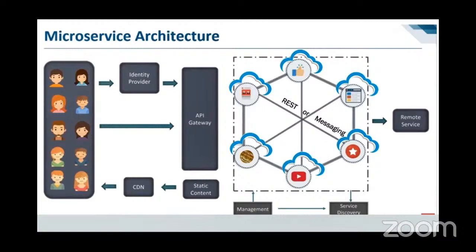CI/CD is basically a pipe that pushes content into all of these servers. As soon as the developer checks in the code, it runs all of the tests and checks, and then deploys the code into these Docker containers, and then the server starts up and the code is live. So that is the way microservices, cloud, and CI/CD all work together.